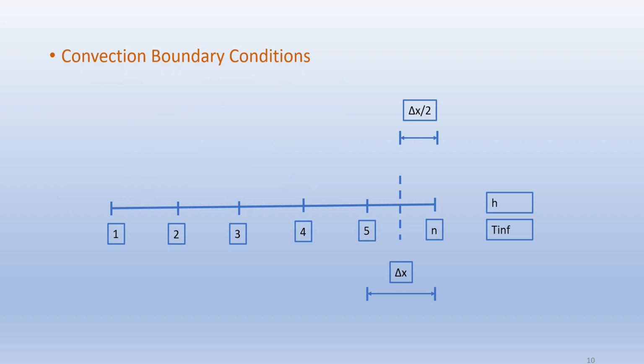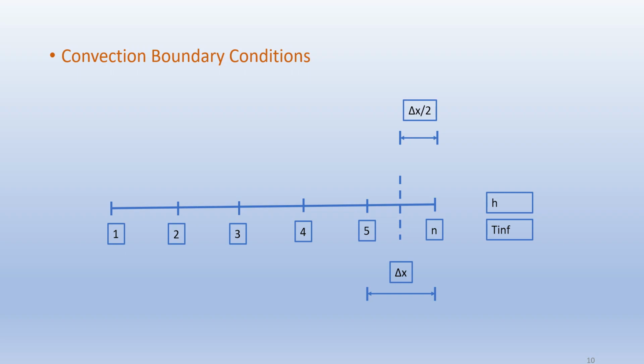The convection boundary conditions are represented here. For example, at the right side of the boundary where n equals 6, assume the heat transfer coefficient is h and the medium temperature, or the ambient temperature, is T infinity.